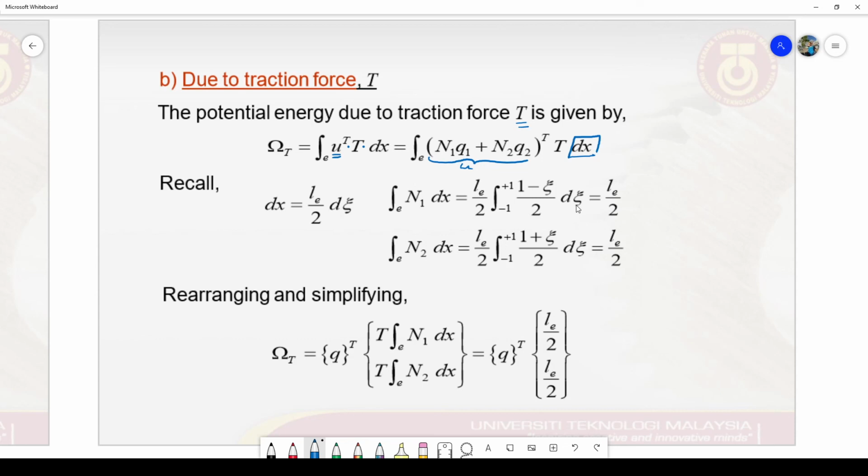Then we integrate the equation over dz, simplify and rearrange it, and it can be reduced into the final equation that we have in the slides.